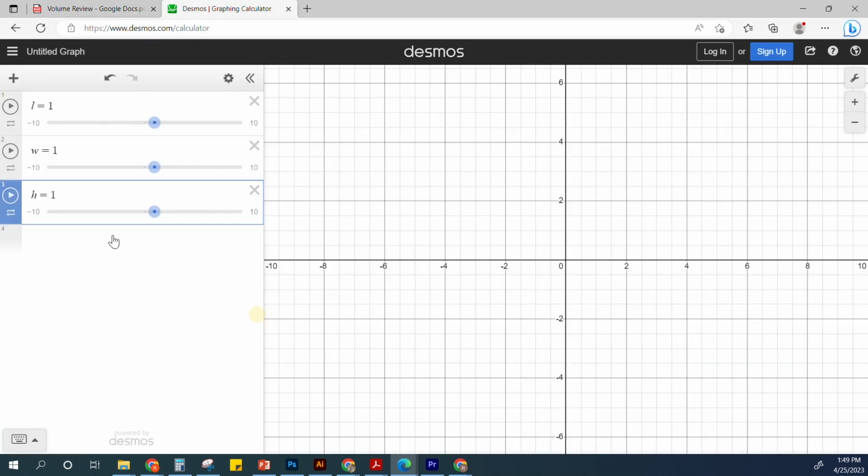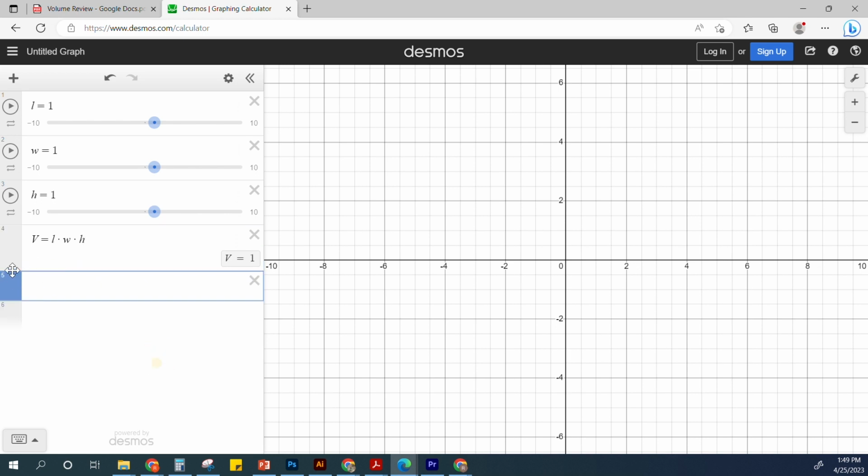The next thing that we need to do is we need to type in our formula volume. So the formula for the volume of a rectangular prism, volume equals length times width times height. So that's our first one, and if we want to, we can even add a note in here by clicking on note, so that way we can remember rectangular prism.